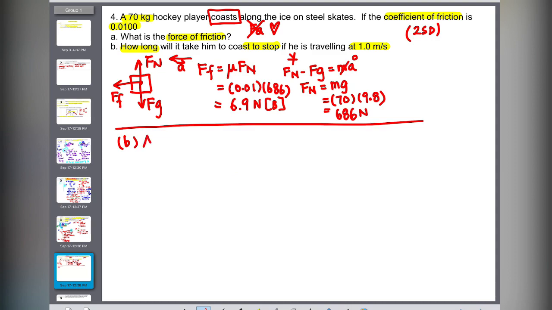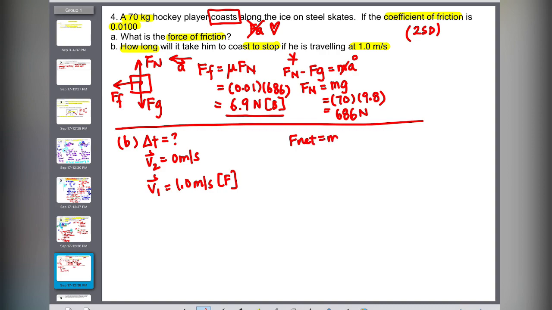All right, so part B. Part B is asking how long, that's my unknown, for him to coast to a stop, meaning V2 is 0. The initial velocity is 1. These are all forward, right? I right now have a friction that's 6.9. So I actually need to figure out the acceleration first. The acceleration is going to be towards the left-hand side, the backward side. So I still need to do F net equals ma.